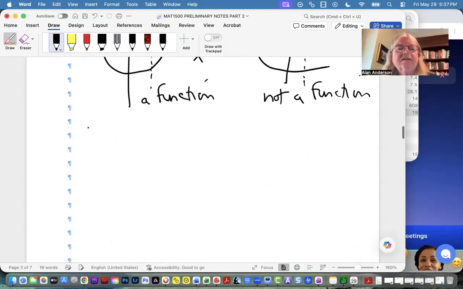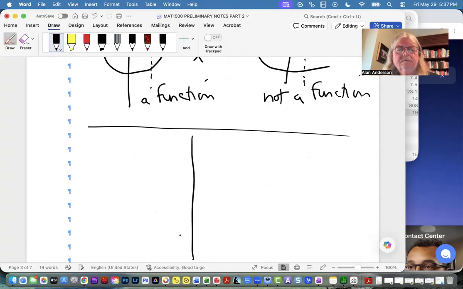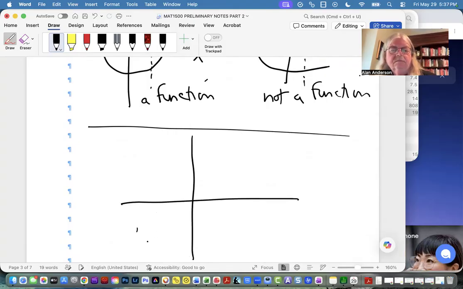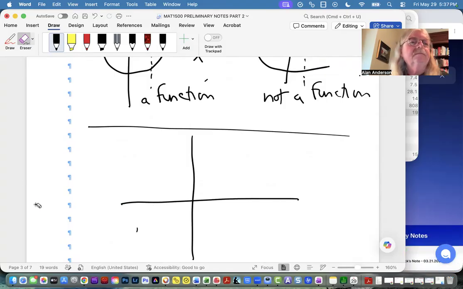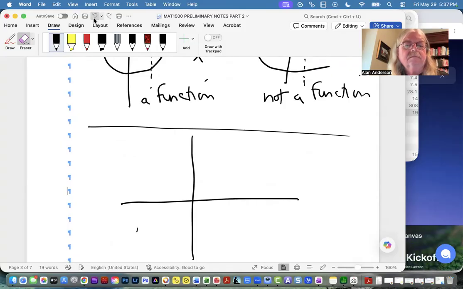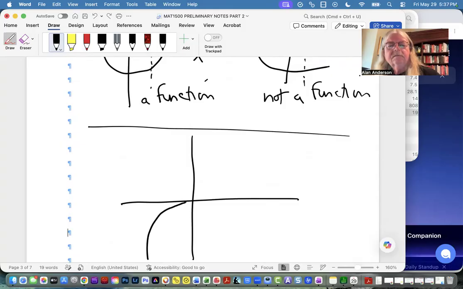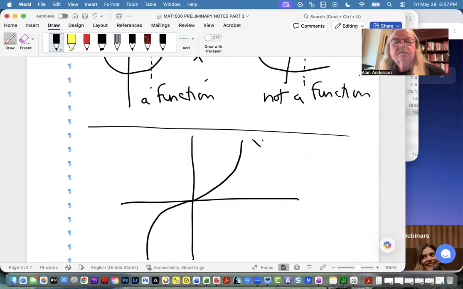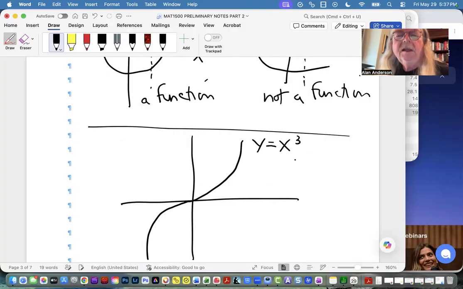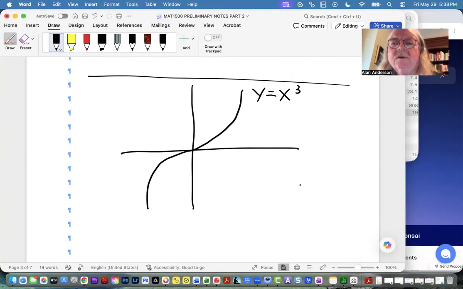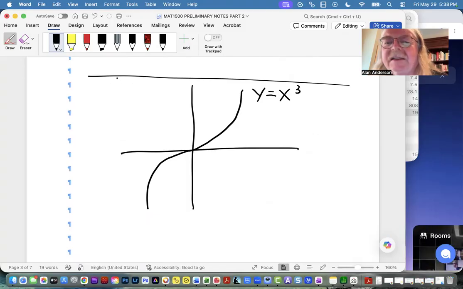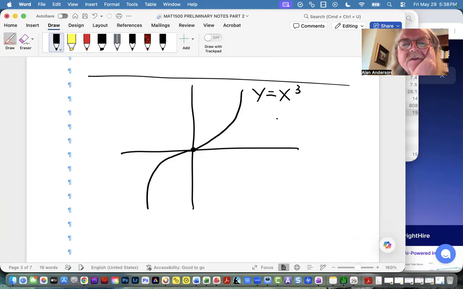So a function like this, well, this one, although this diagram is not exactly perfect, if you could imagine, here's our first quadrant and here's our third quadrant.